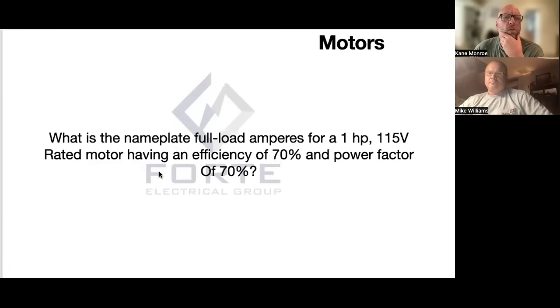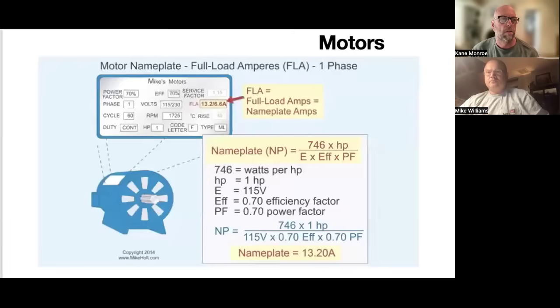So your question would be something like this. What is the nameplate full load amperage of a 1 horsepower, 115-volt rated motor having the efficiency of 70% and the power factor of 70%? So what we do is work that equation just like that and come up with 13.2 amps.